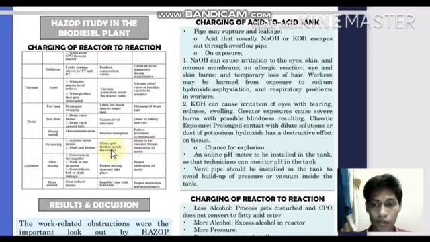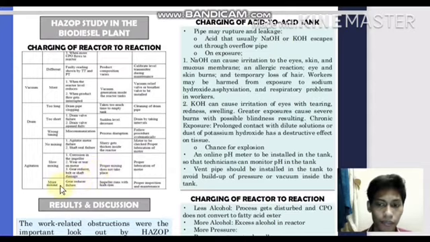So in order to avoid this agitator motor failure, we need to properly check the lubrication, or I mean the preventative maintenance for the agitator.